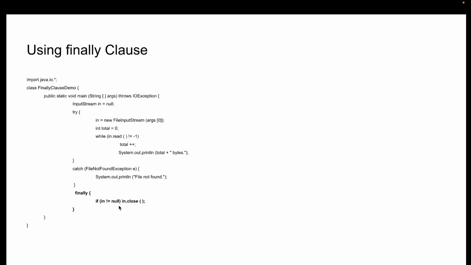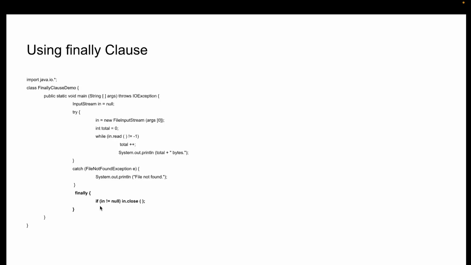And see, we are doing in dot close, right? This is generally performed when we have any resource opening things. So we are performing an input output operation, something related to a file. This is opening some kind of stream and closing some kind of stream, so this will be performed in a finally block.